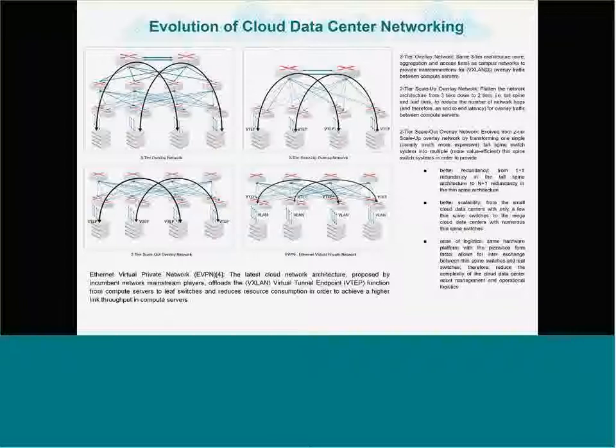VMware, because they produce these virtual machines, and Cisco, because they had to do the routing, and the routing does not work with millions of entries. So they invented these virtual overlays, based on VXLAN technology. You will see in a minute what VXLAN does.